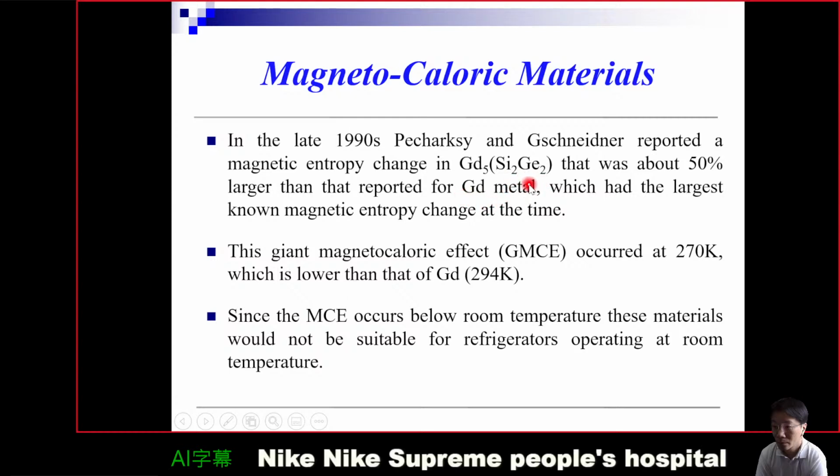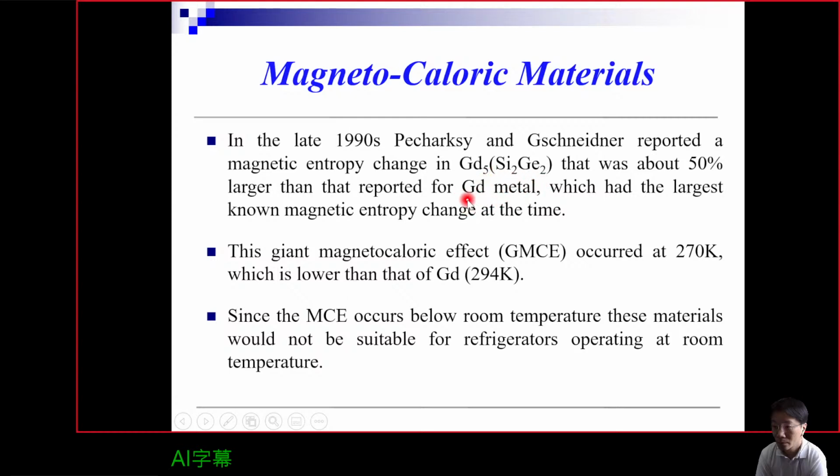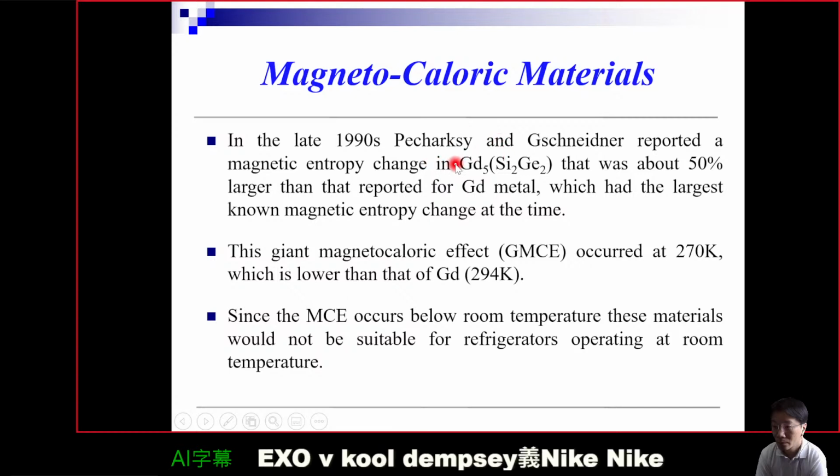In the early years, we knew gadolinium metal has a magnetocaloric effect, so we call it MCE. But in the 1990s, these two guys found this kind of sample has an even larger MCE effect. So scientists try to improve its performance.